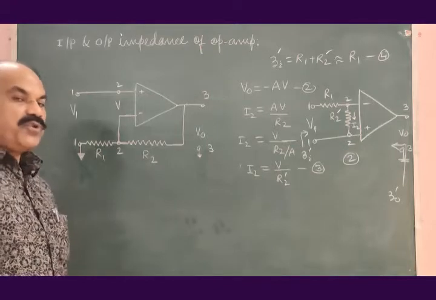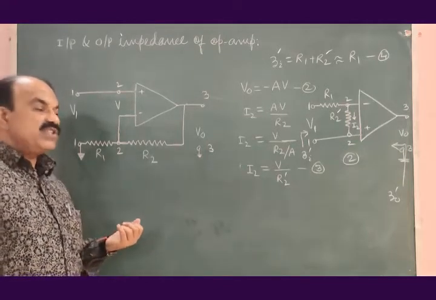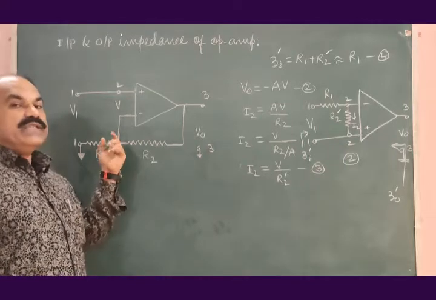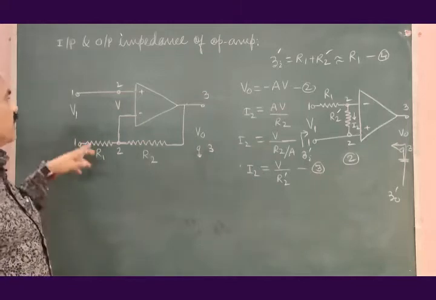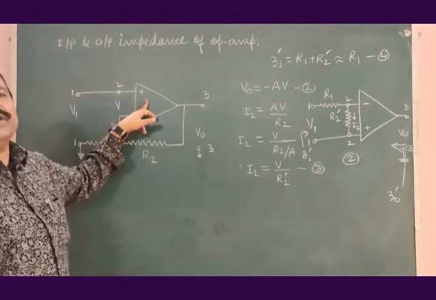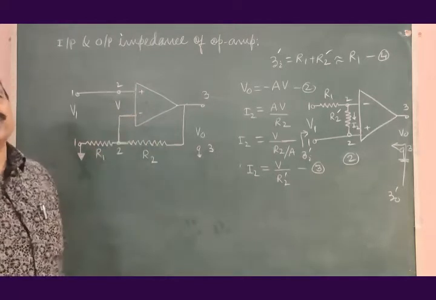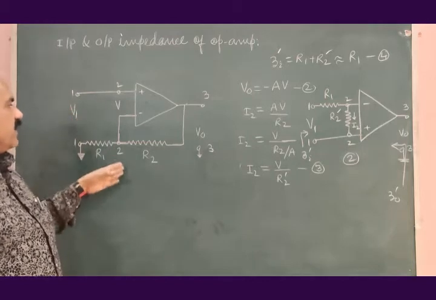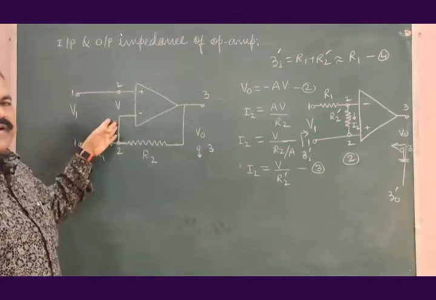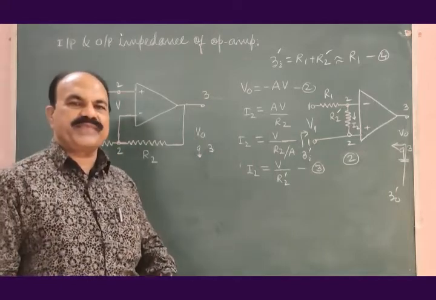Now the operational amplifier is connected in the feedback loop again, but now it is connected in non-inverting mode. Input voltage V1 is given to non-inverting input. The feedback loop is present in the inverting input. The input voltage V1 and feedback voltage provided by this feedback loop come in series.